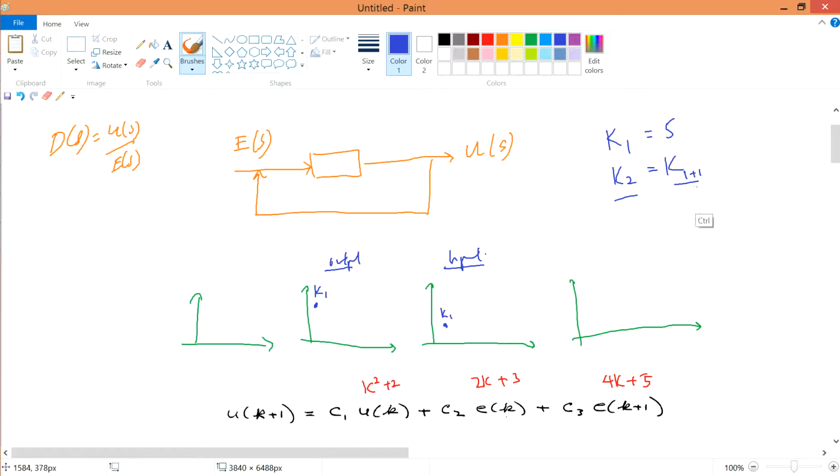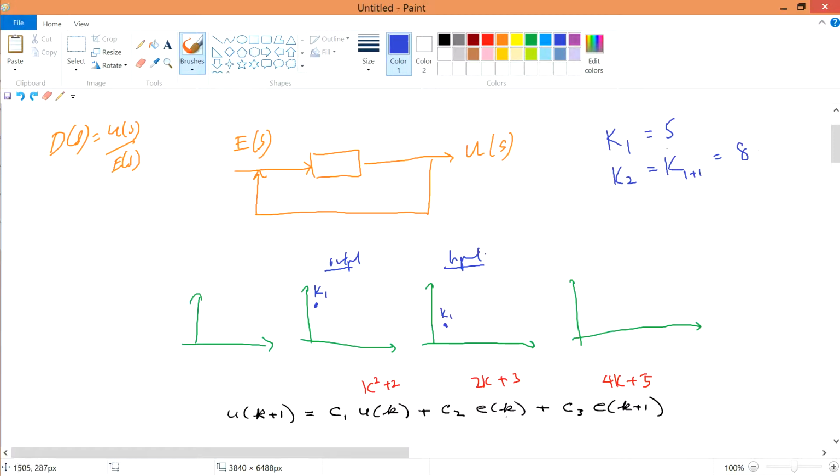K2 is equal to K(1+1), and the value in this case may be like 8, for example. So this K1 plus 1 will be the input over here. In other words, K plus 1 is in fact K2, which is the new incoming signal that is going to feed into this thing. You get what I mean? So now we are talking about the second round. First round, K1. Second round, K1 fed back here becomes K2.